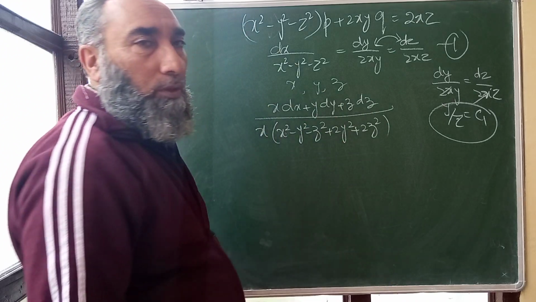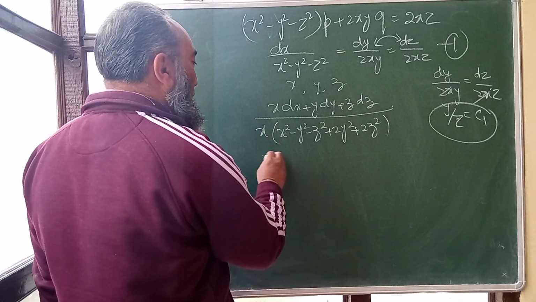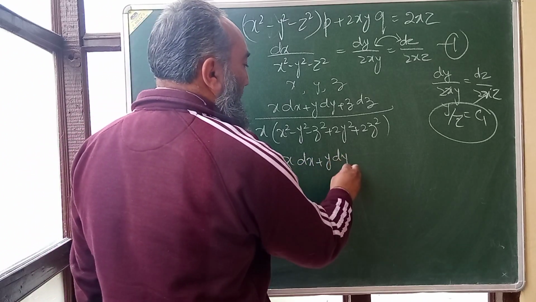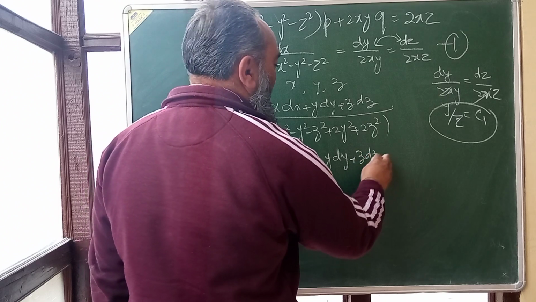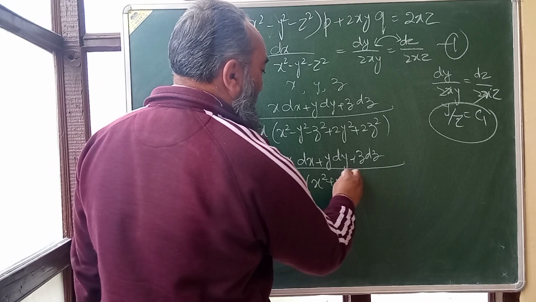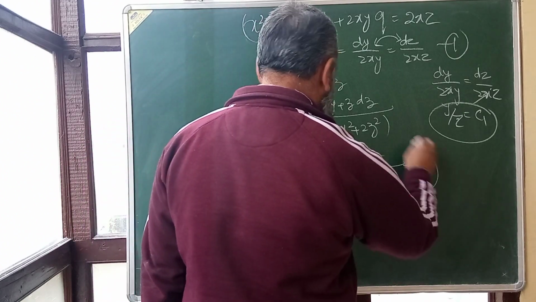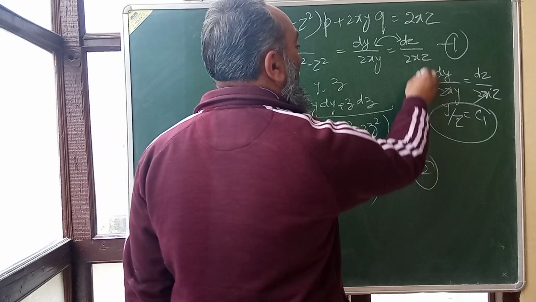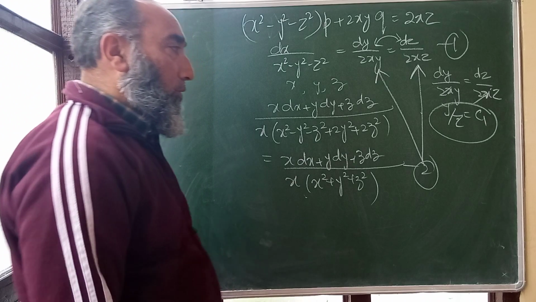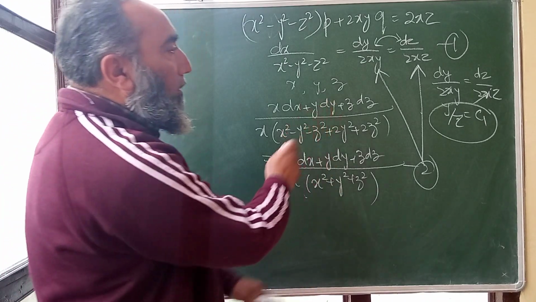X I have taken common. This is equal to x dx, y dy, z dz divided by x times (x square plus y square plus z square). Now this is 2. Now you can combine 2 with a suitable fraction of 1, whatever you like, to get a solution, because the numerator is an exact differential of the denominator.